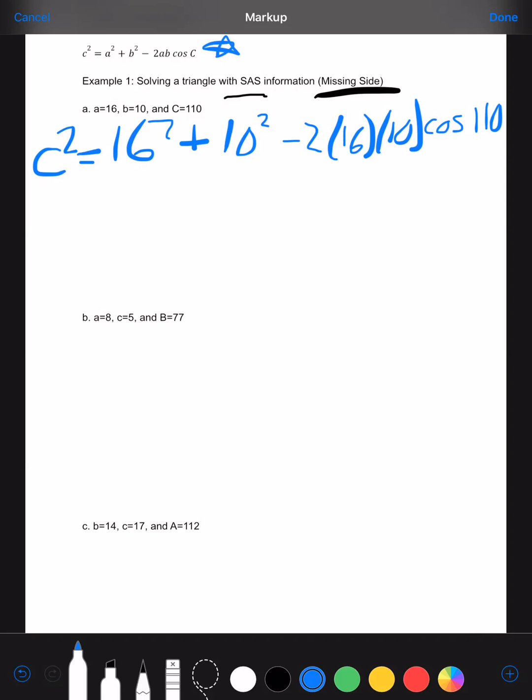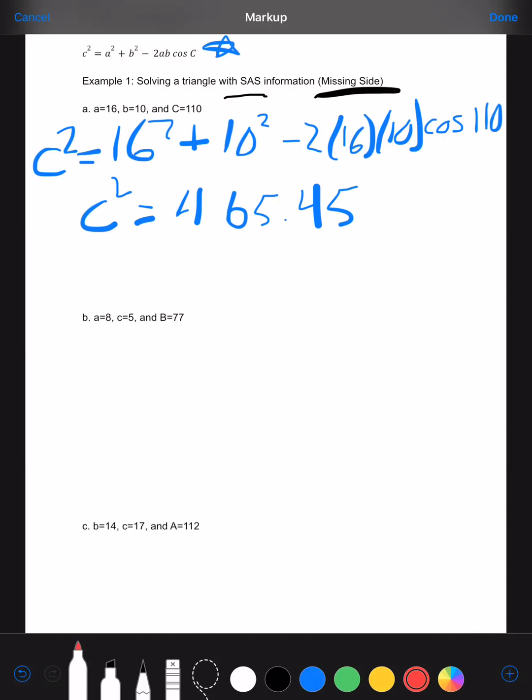Now we're going to plug this straight into our calculators. We got 16 squared plus 10 squared minus 2 times 16 times 10 cosine 110. Hit enter, and you're going to get a big number for this one. That's okay. So we got c squared is equal to 465.45.